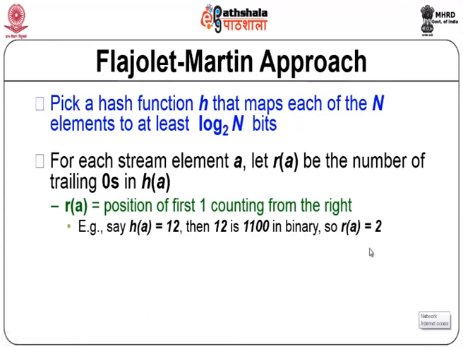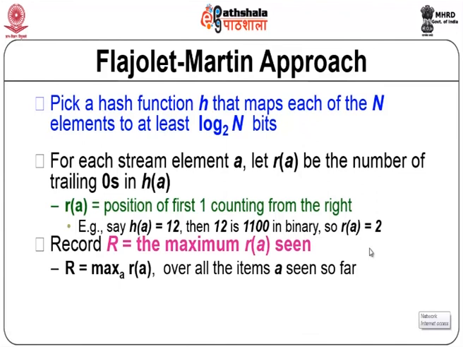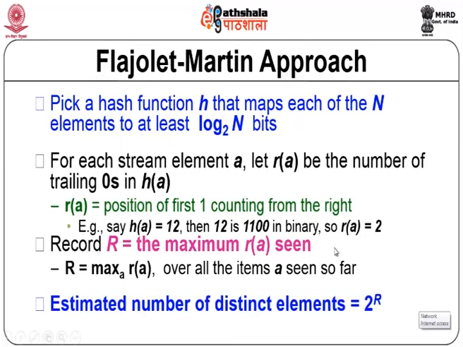Having determined the r of a function, next you can define the maximum r of a seen, and this may be used for the purpose of estimating the number of distinct elements.